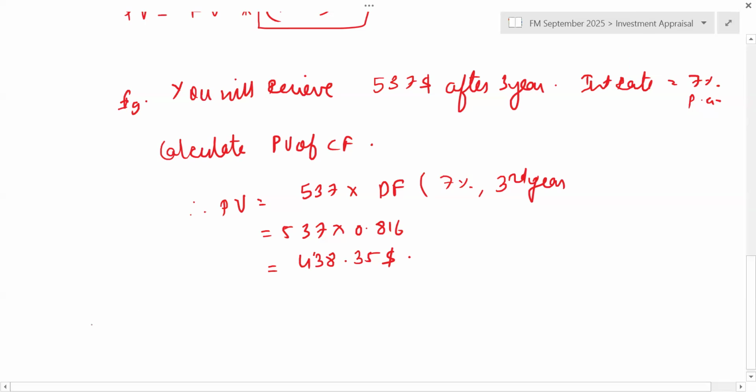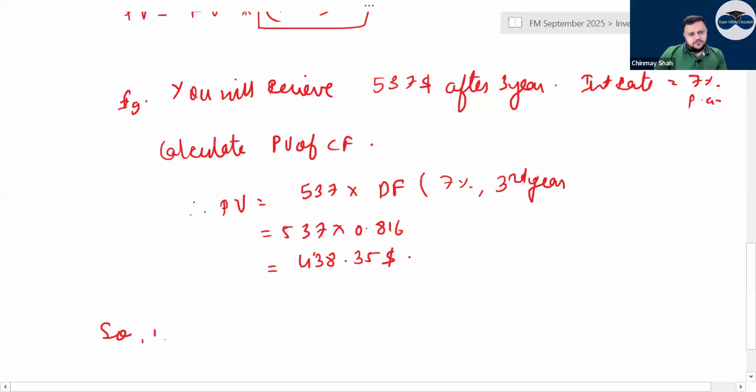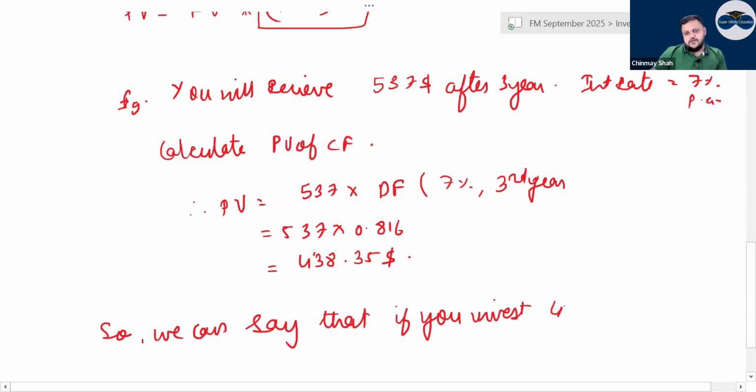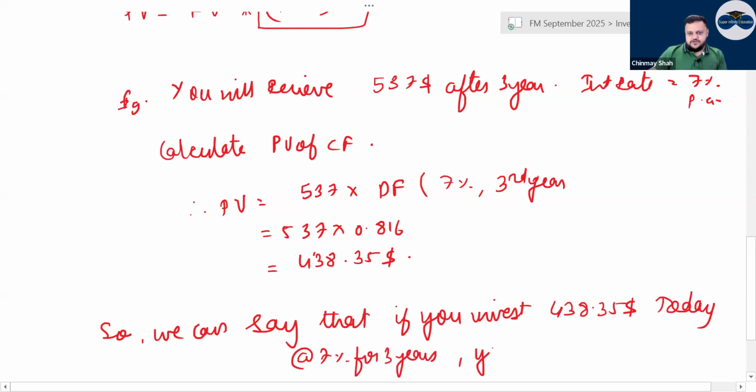So we can say that if you invest $438.35 today at 7% for 3 years, you will get $537.